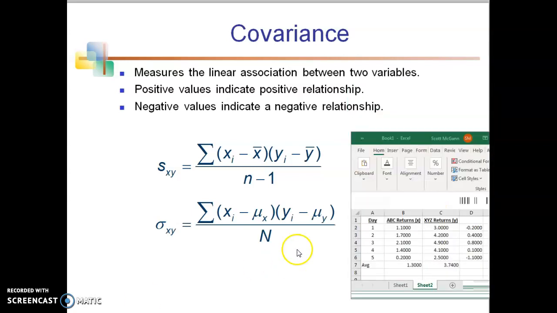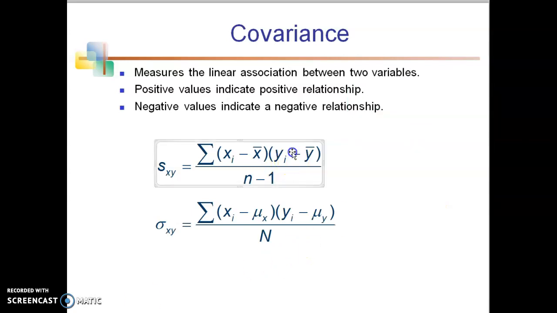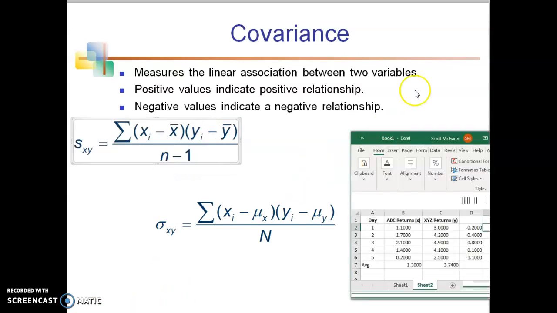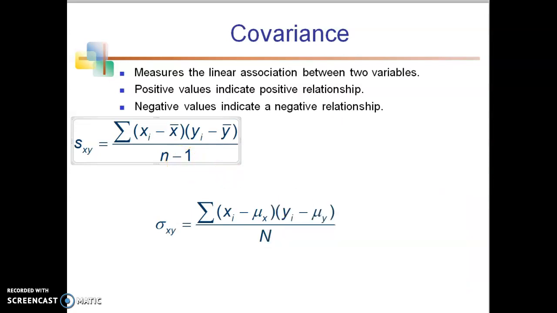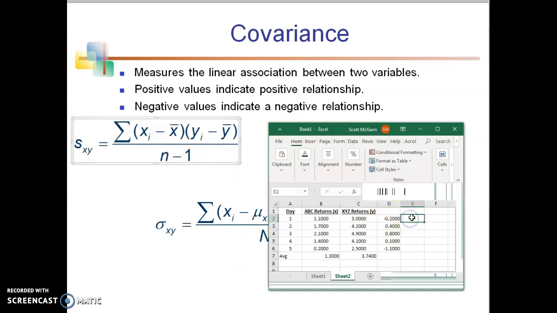Now let's do the same thing for the Y's. I'm going to move this formula over slightly so we can see the Excel box and still see the formula. Okay. So what we're going to do here is take our Y value and subtract our mean for Y, which is right there.